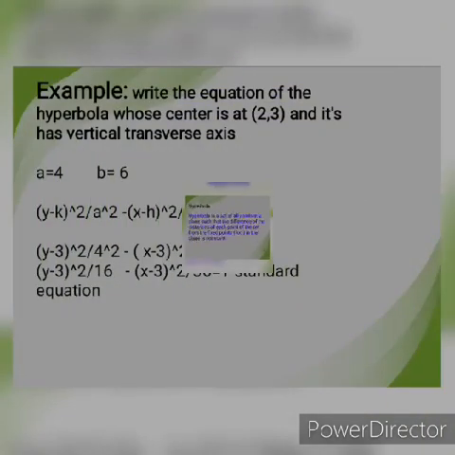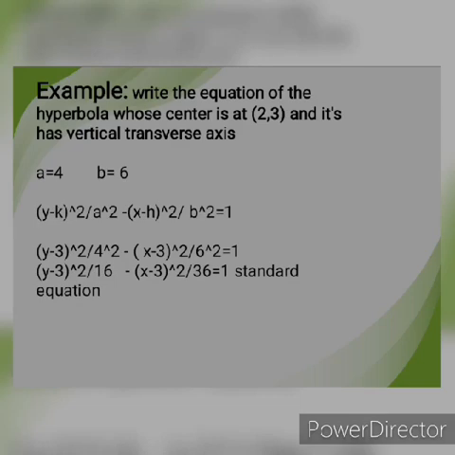So, example: write the equation of the hyperbola whose center is at (2, 3) and which has a vertical transverse axis. We have a is 4 and b is 6. So we're going to use this formula: (y - k) squared over a squared minus (x - h) squared over b squared is equal to 1.